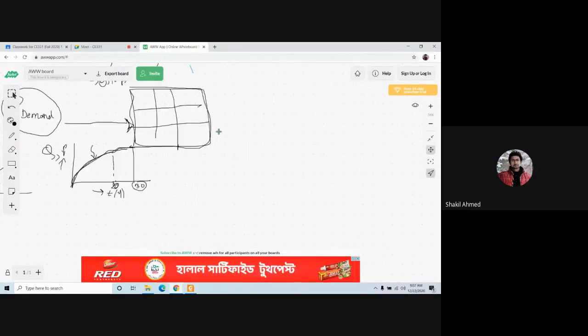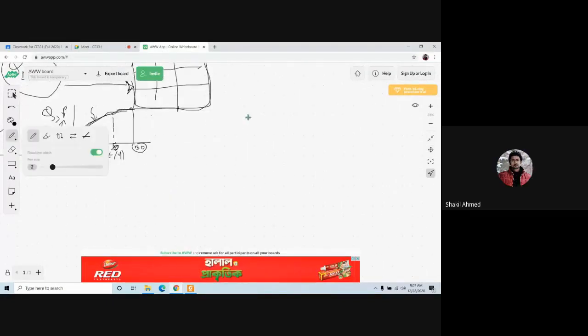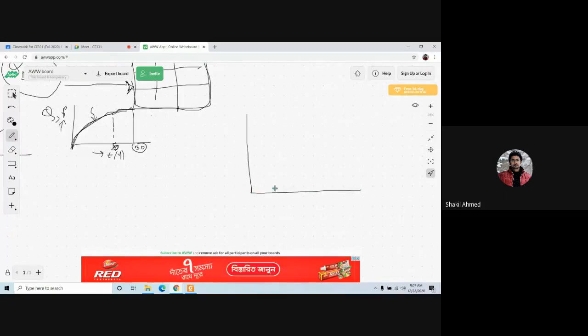As I told you, naturally, if you draw, for example, from 1990 in Bangladesh up to 2010, you'll see the population graph. If you put these points, you have the data, right?